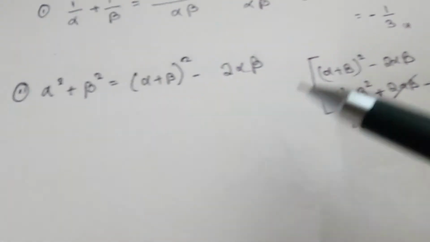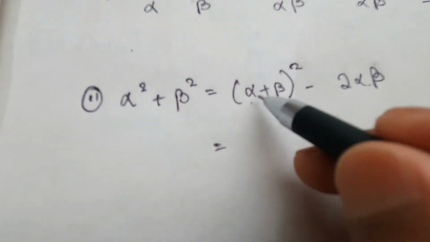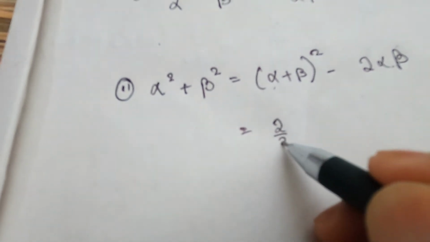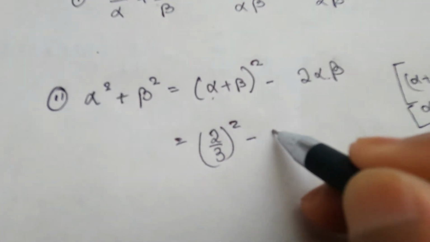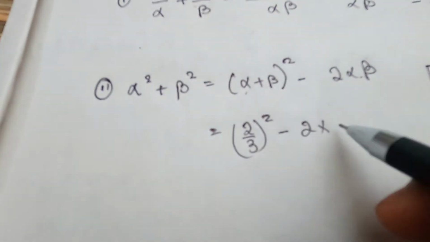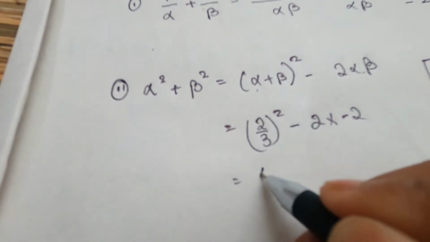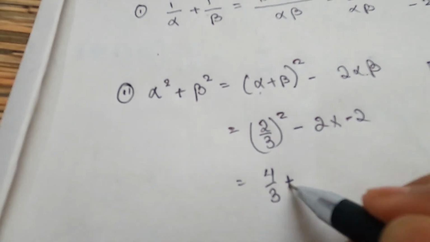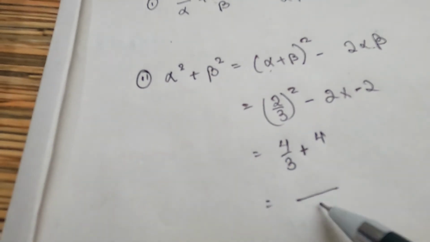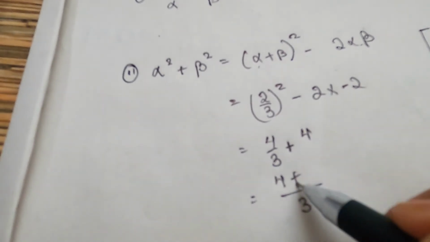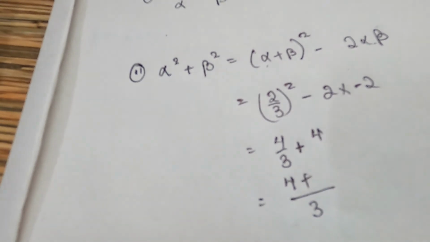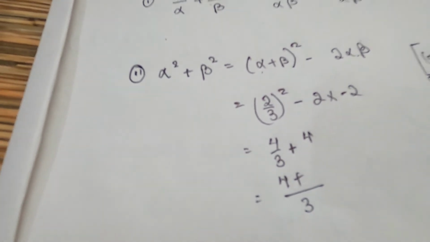Let us substitute the values. Alpha plus beta is 2 by 3, so it will be 2 by 3 whole thing to the power square minus 2 alpha beta. The value of alpha beta is minus 2. So it will be 4 by 9, and minus into minus will be plus, so plus 4.